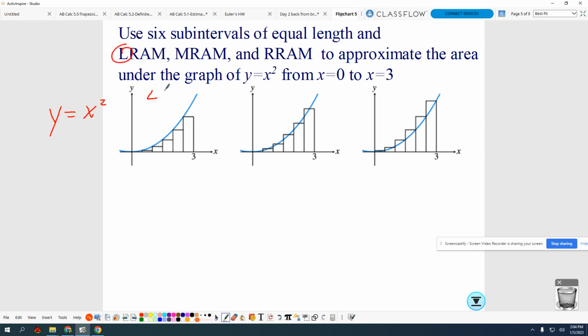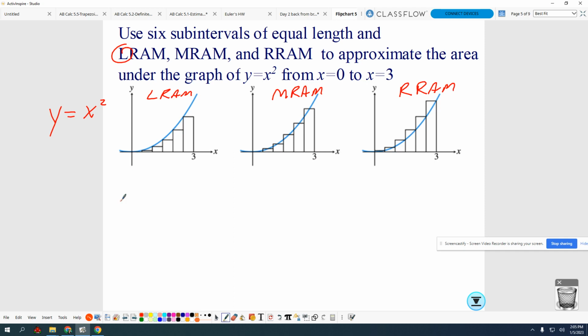There is LRAM, and this one is MRAM. RAM stands for Rectangular Approximation Method. What do you think L stands for? Left.